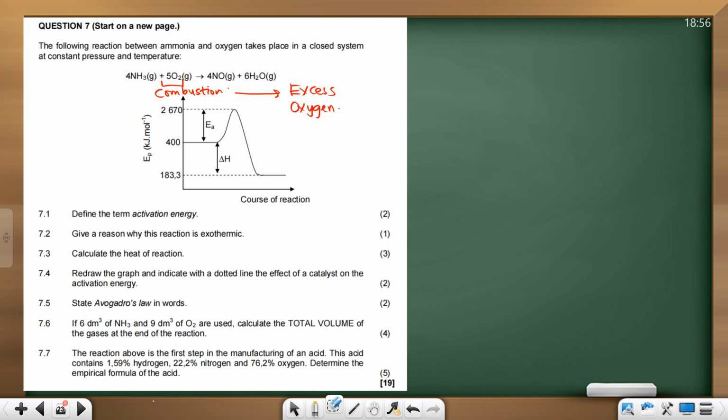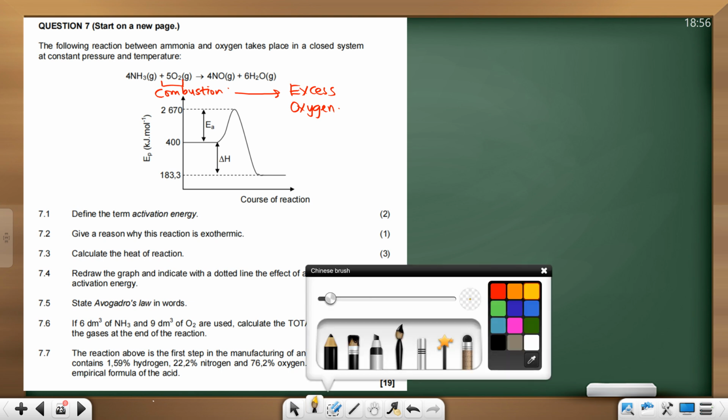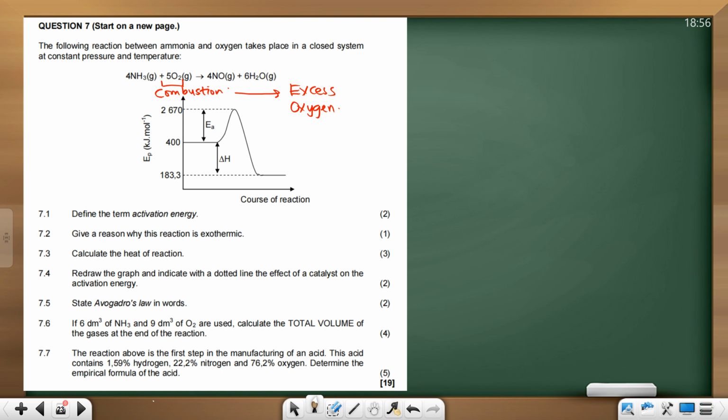This acid contains 1.5% hydrogen, 22.2% nitrogen, and 76.2% oxygen. Determine the empirical formula. Do we remember how to do empirical formula? It is hydrogen, nitrogen, and oxygen. Oh, nitric acid.